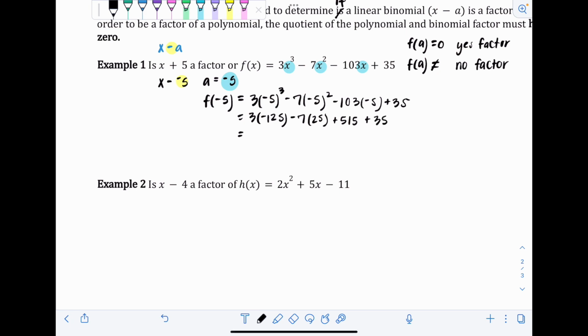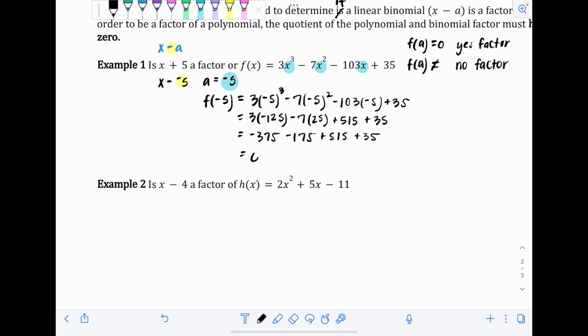3 times negative 125 is negative 375. Negative 7 times 25 is negative 175, plus 515, plus 35, and then now we can add them all together. So negative 375 minus 175 is negative 550, and then plus 515, and then plus 35 ends up being 0.